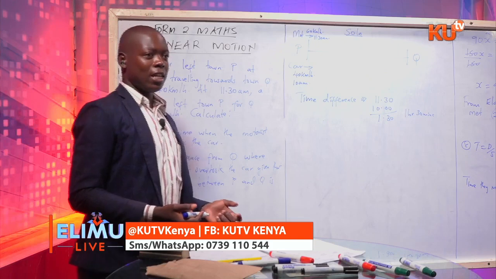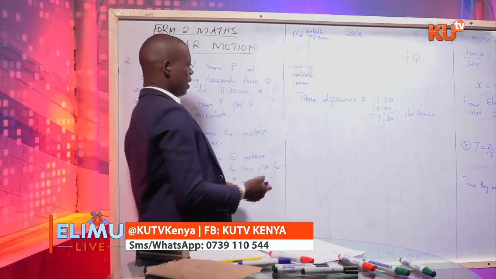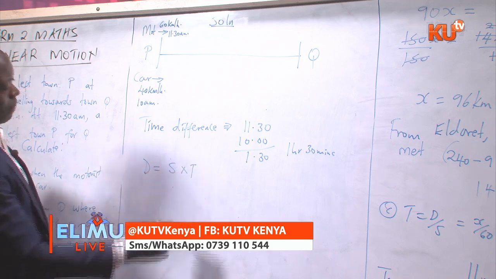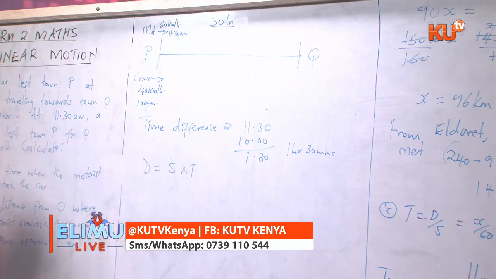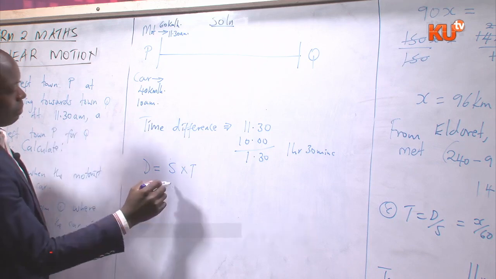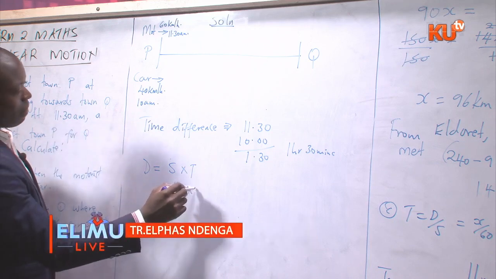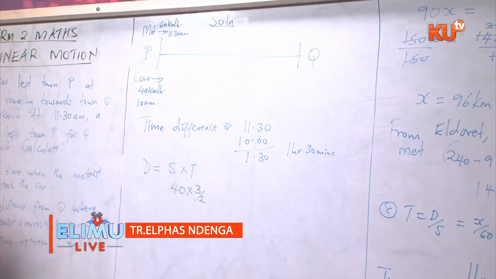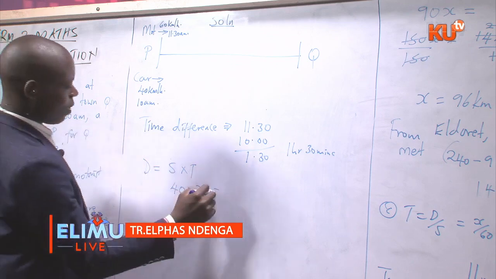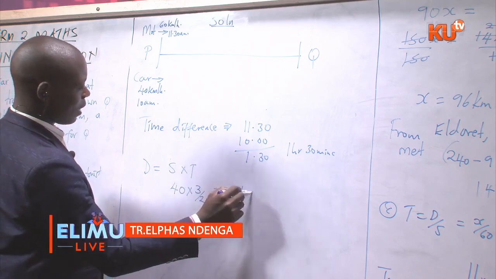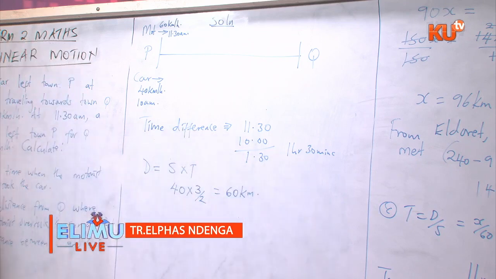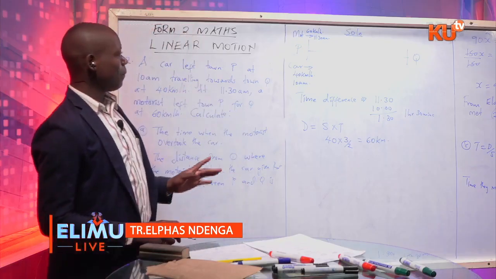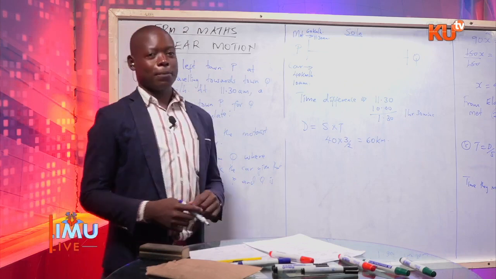How do we get the distance? We've mentioned that distance is equal to speed times time. So for this car, the speed is 40 and the time is 1.5 hours, so 3/2. If you simplify, you get 60 kilometers. So the car had covered 60 kilometers by the time the motorist is leaving P.